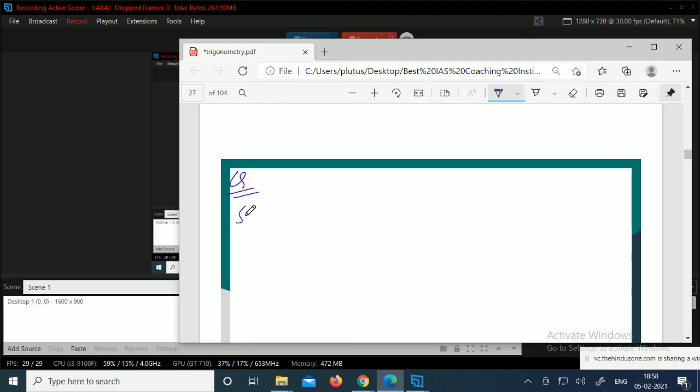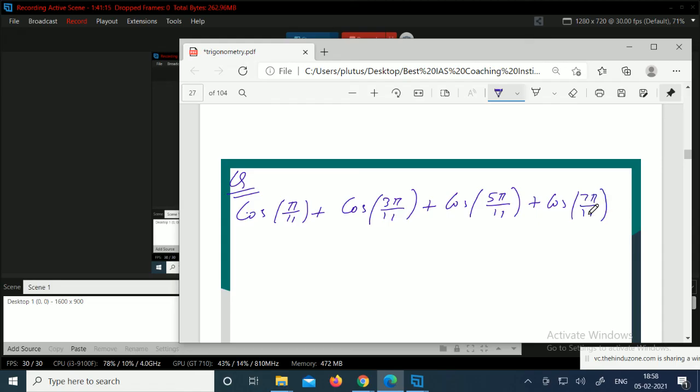The question is cos(pi by 11) plus cos(3 pi by 11) plus cos(5 pi by 11) plus cos(7 pi by 11), and the last is cos(9 pi by 11).